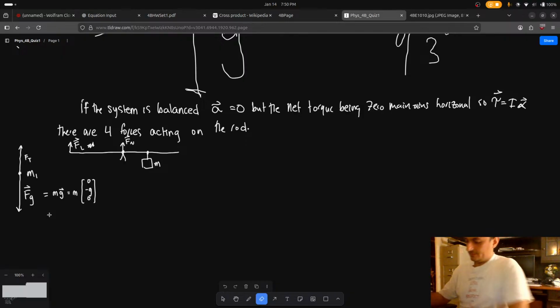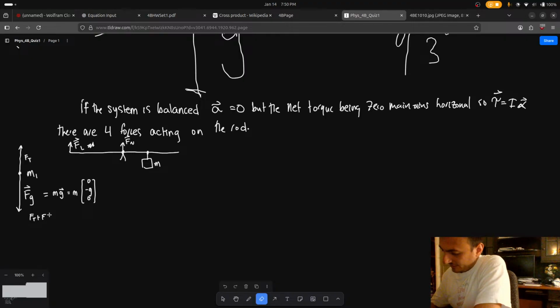That's not right. Look, this mass is not moving. So Ft plus Fg is equal to 0. What does that mean? That means that Ft plus Mg is equal to 0. So Ft is equal to minus Mg.